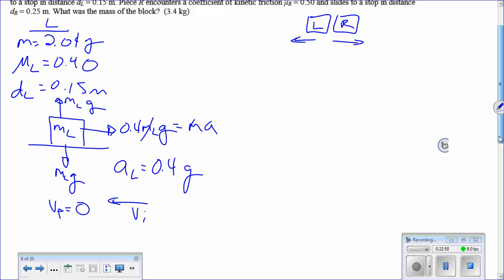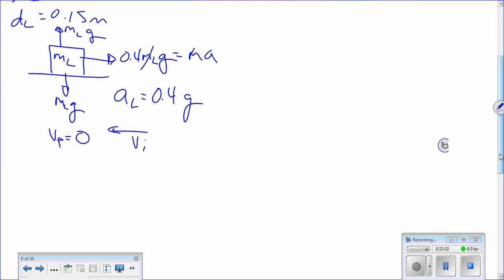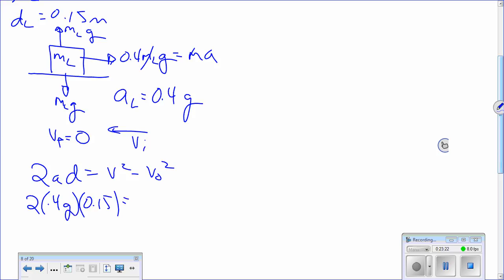So we're going to use 2ad equals vf squared minus vo squared. The final velocity is 0, so you get 2 times 0.4 g times d, which is 0.15, equals 0 minus vo squared. I have a mistake, small.